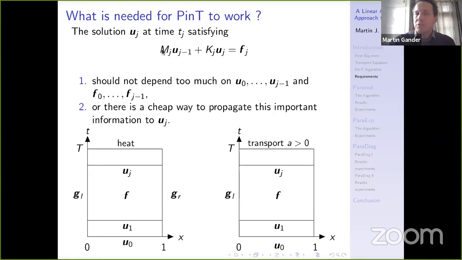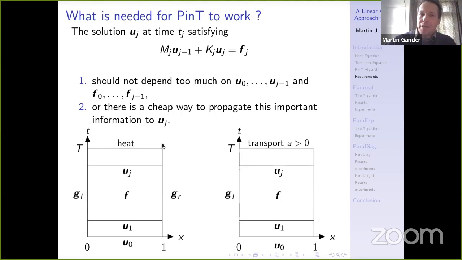If this is the case, we can solve this equation sometime in the middle of the time domain, and we get a good approximation. Another way that it can work is if the algorithm has a cheap way to propagate important information that has to come from earlier time steps. So one needs one of these 2 conditions to make an algorithm successful.